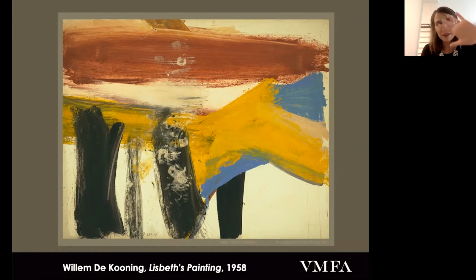We have here Lisbeth's handprints in Willem de Kooning's painting. But one of the ideas for the Abstract Expressionists that was so important to them was their own hand. They were making these gestures, and as they made these gestures, they were expressing some sense of self.